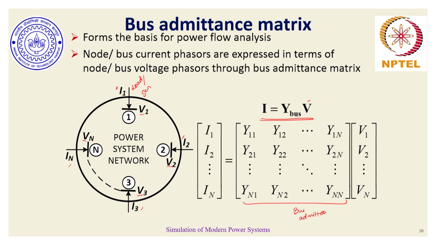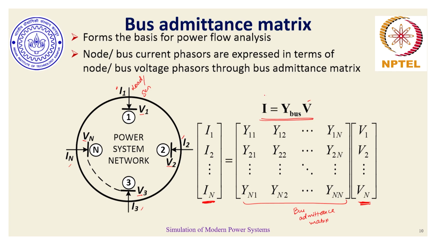If I have an n bus network, which pertains to an n plus 1 node circuit where one of the bus nodes acts as a reference, I have n such bus voltages to be represented in terms of n such currents, or I would say the currents are to be represented in terms of n such voltages.